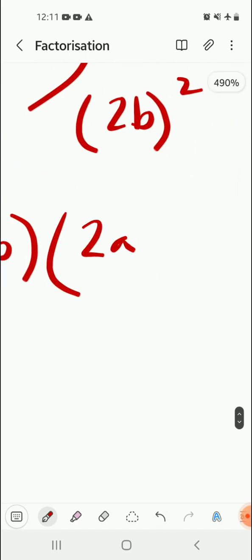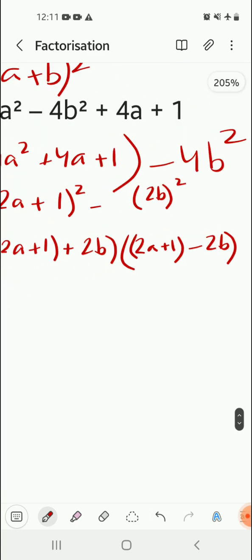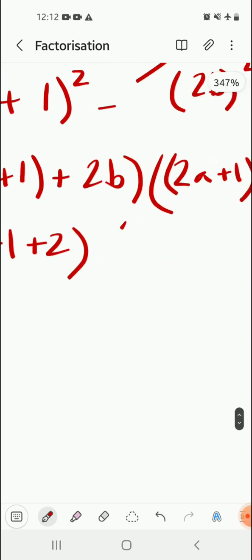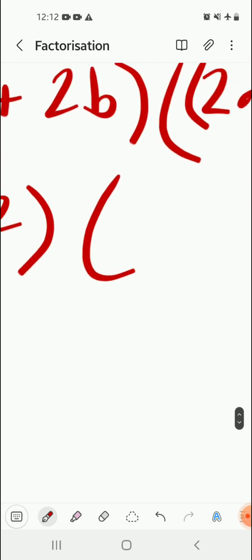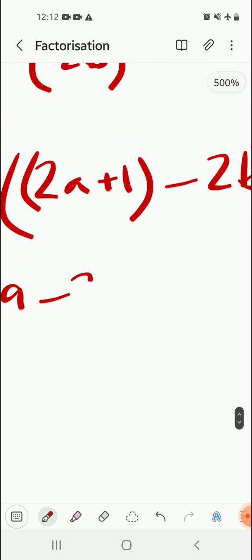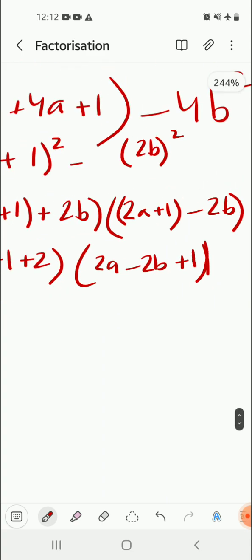So 2a plus 1 minus 2b. Solve the brackets, we get 2a plus 1 plus 2b. Again here we get 2a minus 2b plus 1 if we arrange it properly, by replacing these two positions.